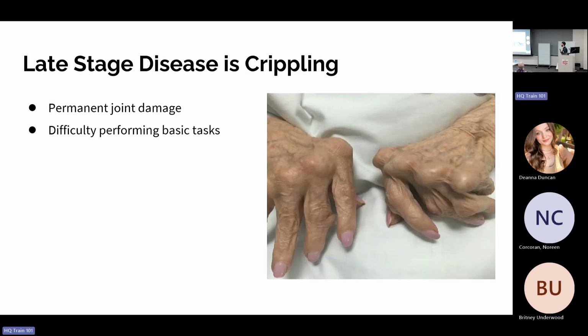And late-stage untreated rheumatoid arthritis causes permanent joint damage and severe disability. In this individual, you can see the fingers pointing not straight forward but kind of to the side, and there are contractures in the fingers. So you can go from having pain and difficulty performing basic tasks to being unable to use your hands if you go untreated.